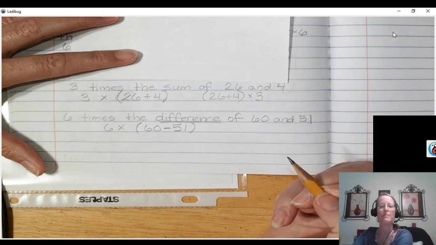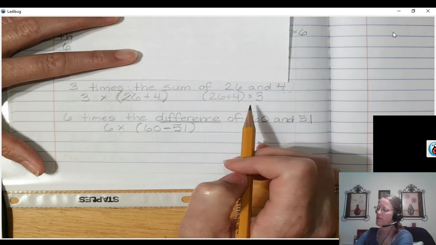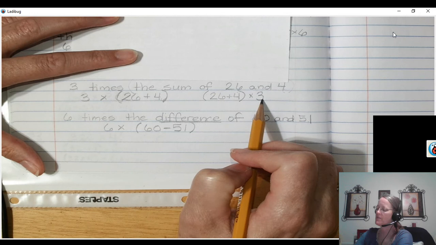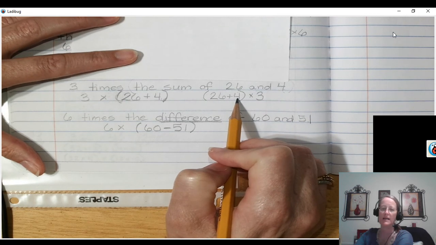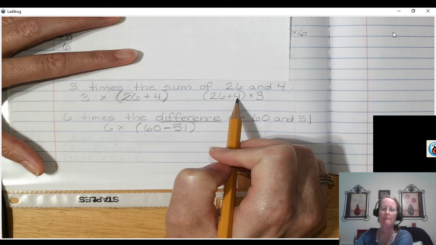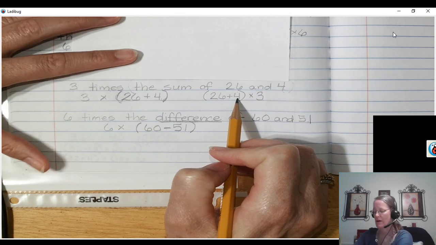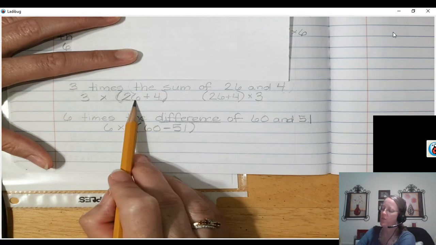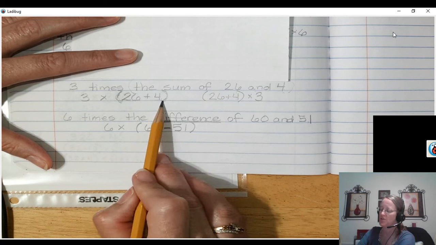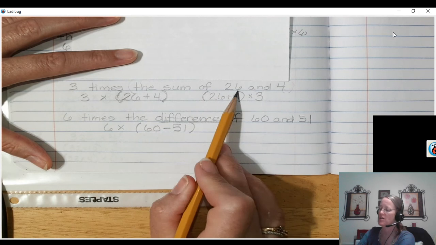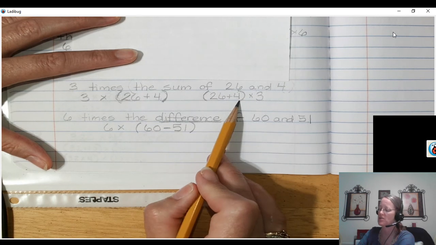Would that make a difference? 3 times the sum of 26 and 4. Think about that for a second. It would not make a difference because I have to solve what is in parentheses first. We learned that last year with the order of operations.